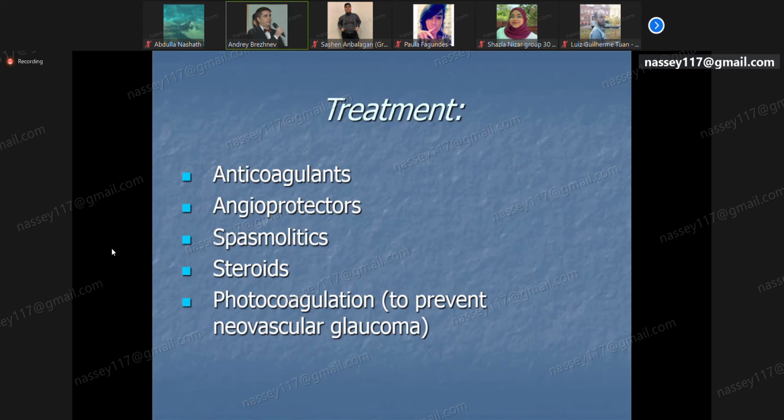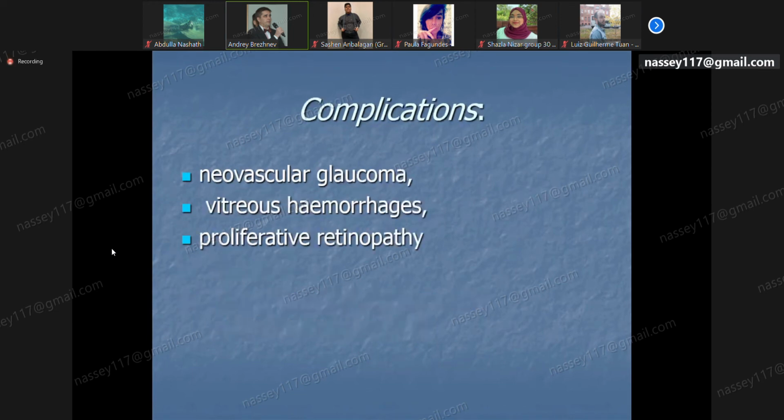If there exists a scar, there is no ischemia in this area. So we cause scarring, but we decrease ischemia and we prevent development of the neovascularization. Complications: neovascular glaucoma, as we discussed earlier, vitreous hemorrhages, and proliferative retinopathy.